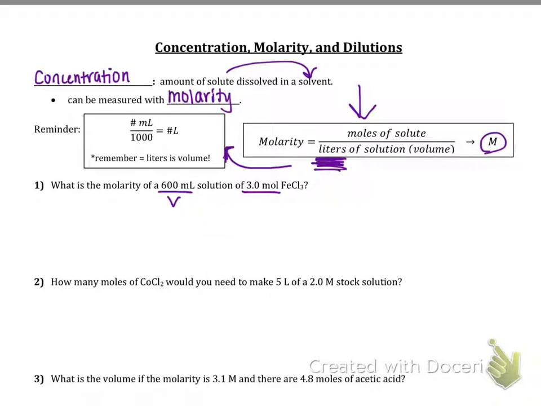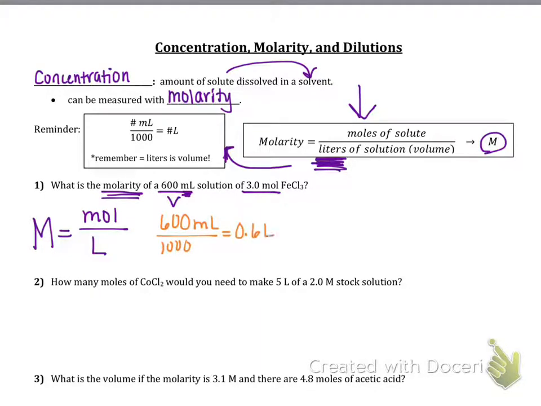It wants molarity, which is capital M. So molarity is equal to moles over liters, but here it's in milliliters, so we need to do a quick conversion. 600 milliliters divided by 1,000 will get us 0.6 liters.